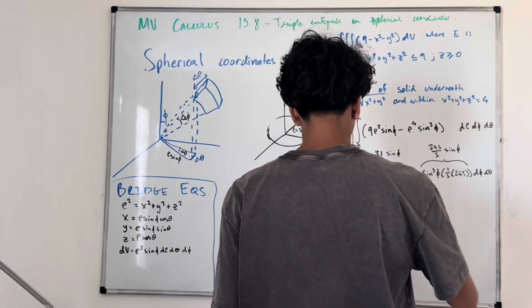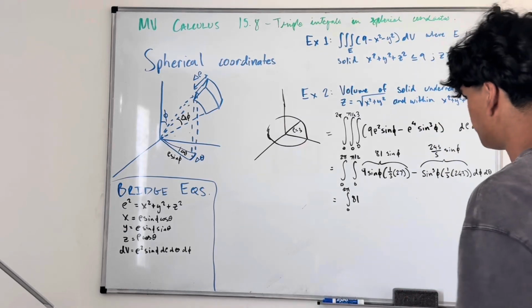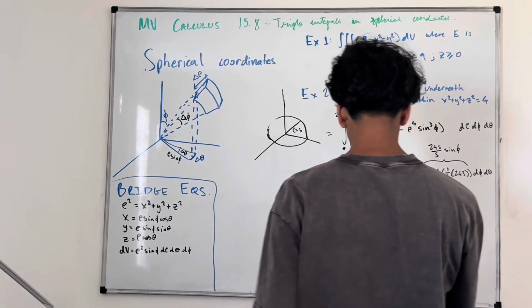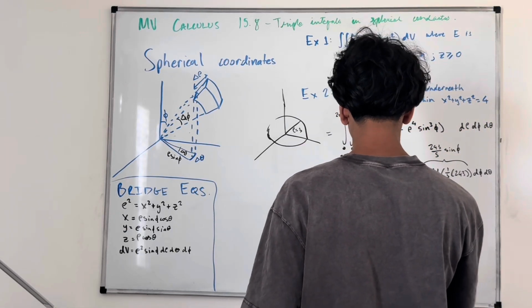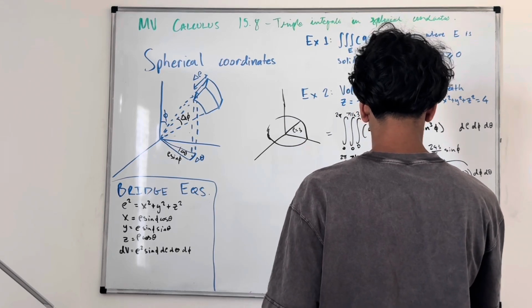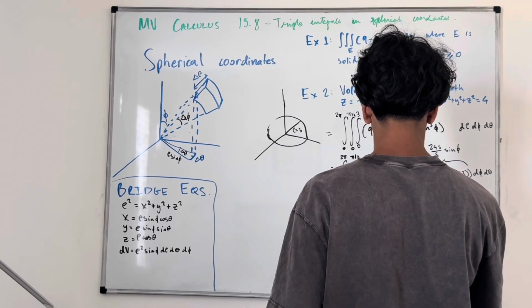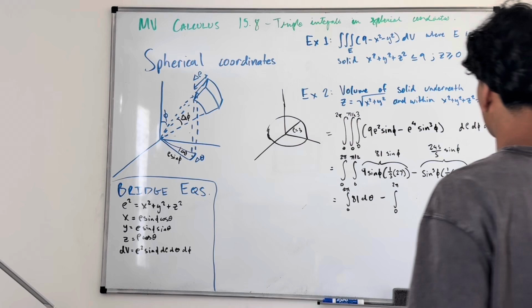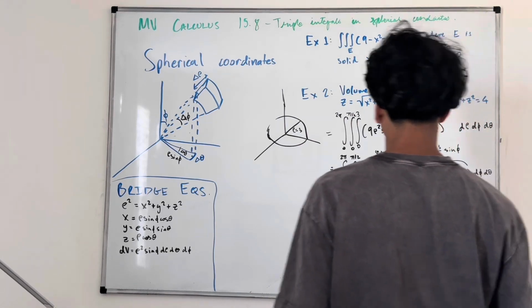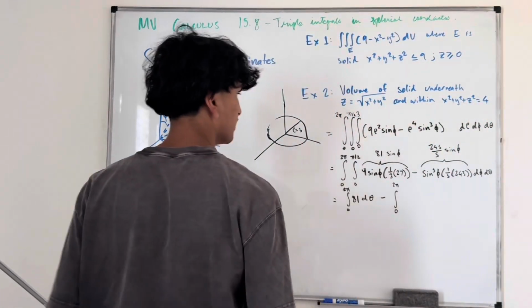So now I have 81 d theta minus the integral from 2 pi to 0. Now this is where it gets a little bit crazy, because we're going to need to evaluate sine cubed.